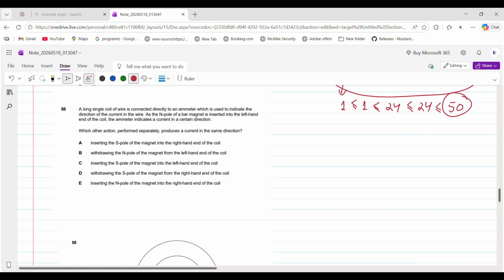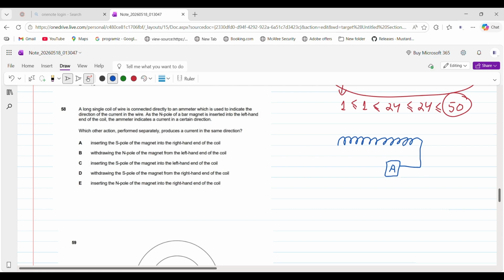Now we are on the 58th question. A long single coil of wire is connected directly to an ammeter. The coil is basically connected to an ammeter. An ammeter is used to measure the flow of current, which is used to indicate the direction of the current in a wire.